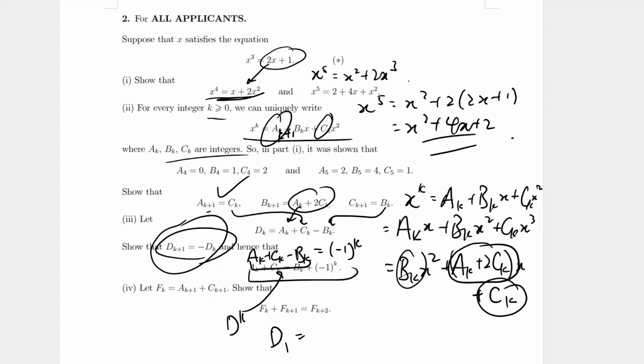So 0 plus 0 minus 1. So d(1) is minus 1. What does that tell you about d(2)? Well, d(2) is 1, because of what we just showed. And d(3) is minus 1, d(4) is 1, and so on. So that's why minus 1 to the k is correct. When k is odd, d(k) is minus 1. When k is even, d(k) is 1. So that's all good. Cool.